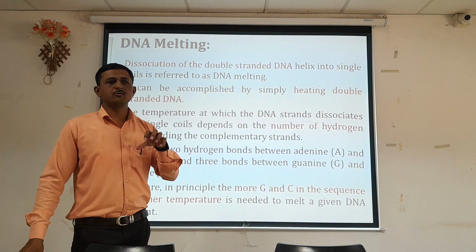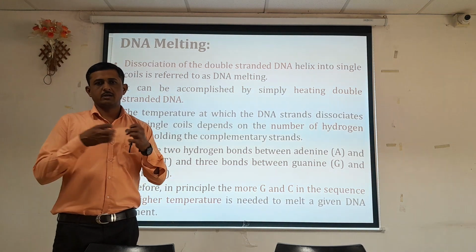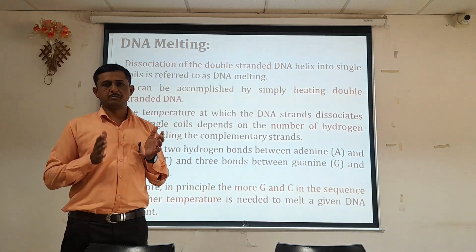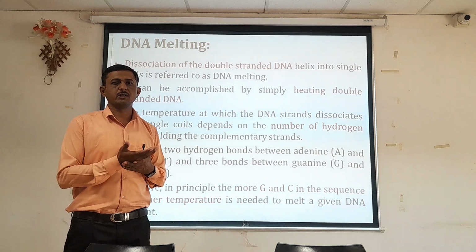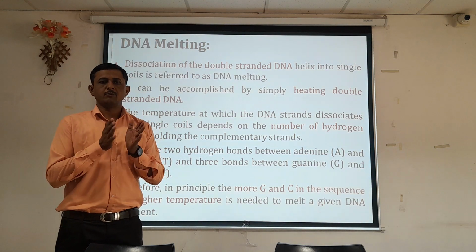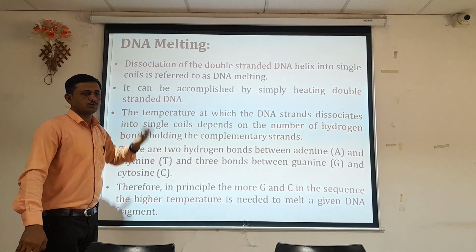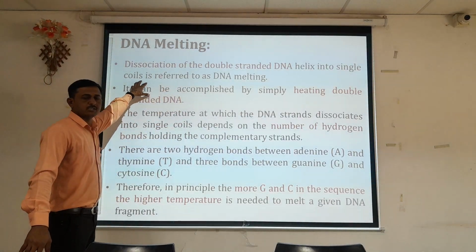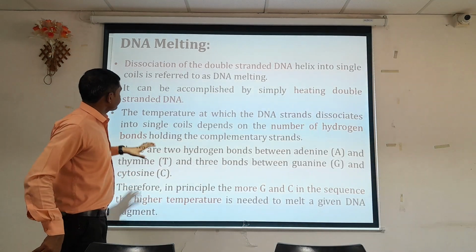So by using a particular temperature, we break the bonds between nitrogen bases formed between purine and pyrimidine bases. Depending upon the number of bonds, we require a particular temperature to break the bonds between the nitrogen bases, and that temperature is called the DNA melting temperature.